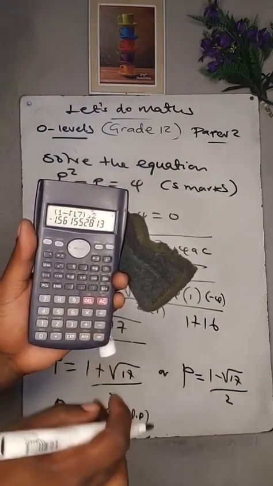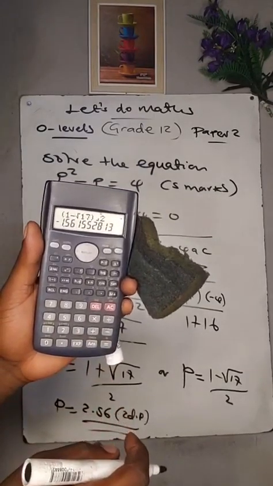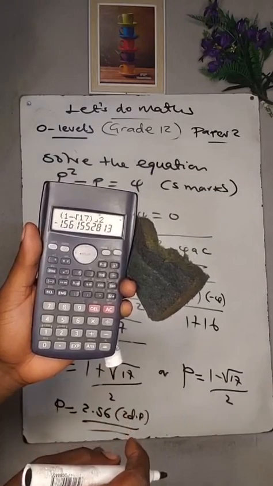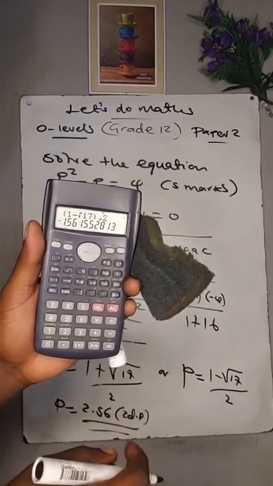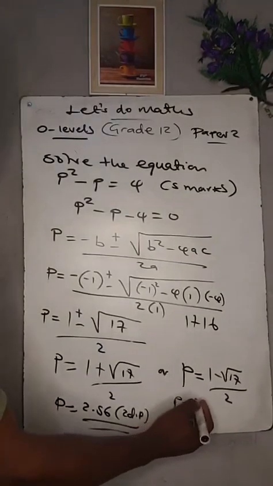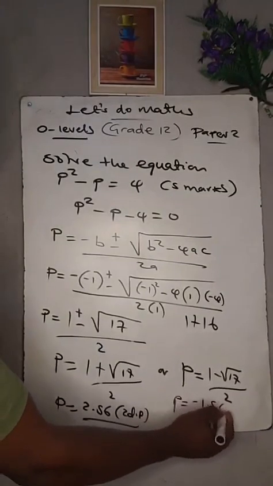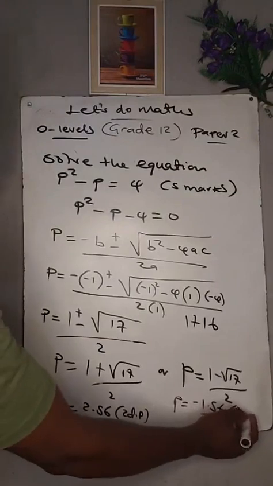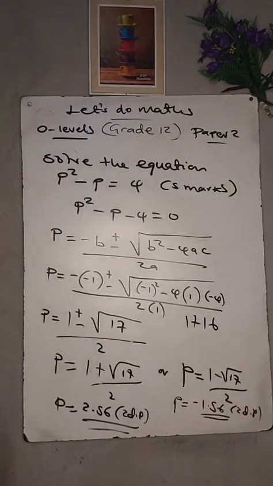And you're getting negative 1.561552813, corrected to 2 dp to be negative 1.56. So the other value of p is negative 1.56. It's also corrected to 2 dp. That's how you find such a question.